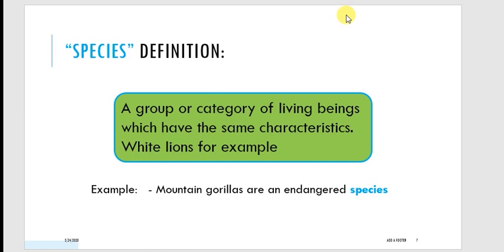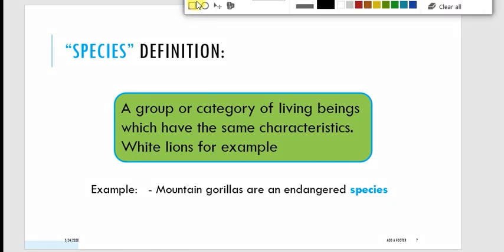The second term is species. So, what is a species? A species is a group or category of living beings which have the same characteristics. For example, white lions are an example of a species. Squirrels are a species.